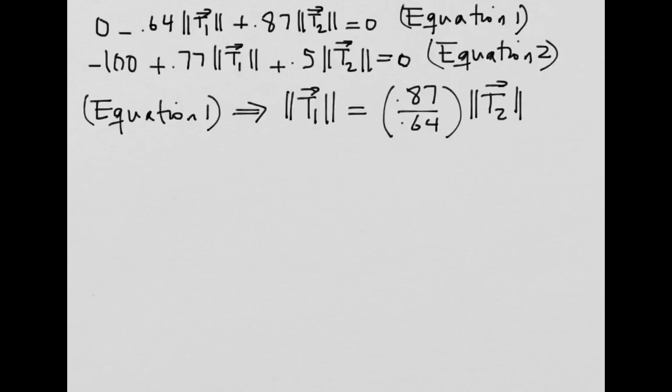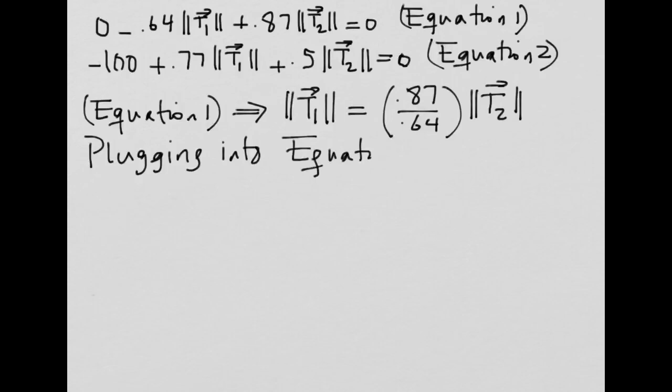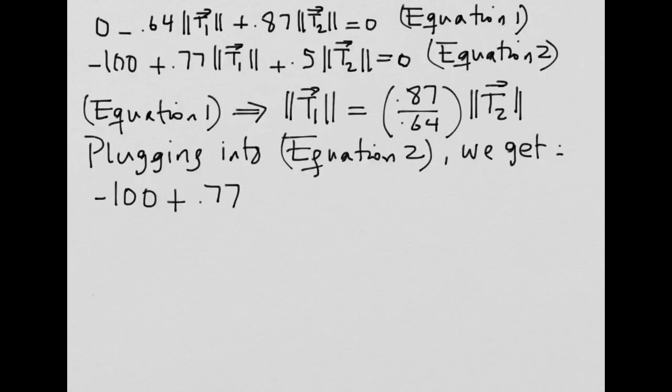And if we plug that into equation 2, we get the following. So plugging into equation 2, we get minus 100 plus 0.77. Now instead of putting T1, I'm going to replace T1 with the following expression.